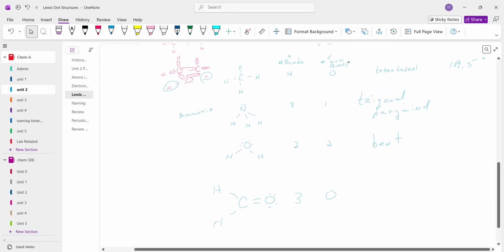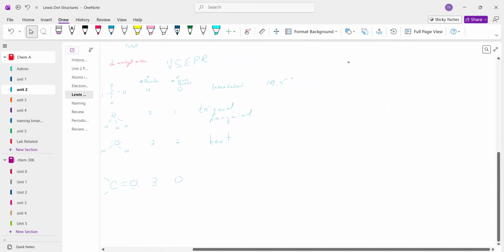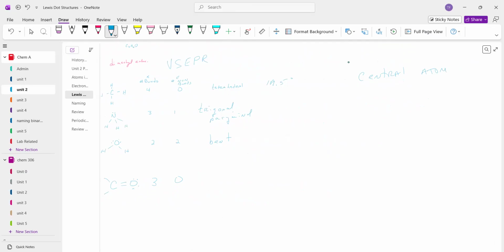This whole thing relies upon something called a central atom. By definition, a central atom needs the analysis.